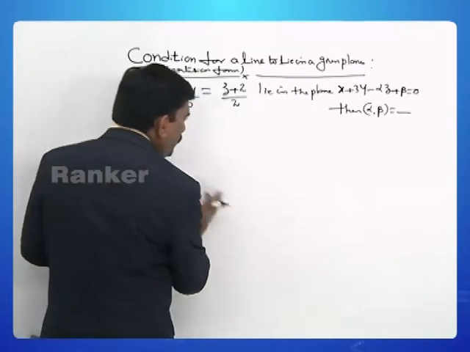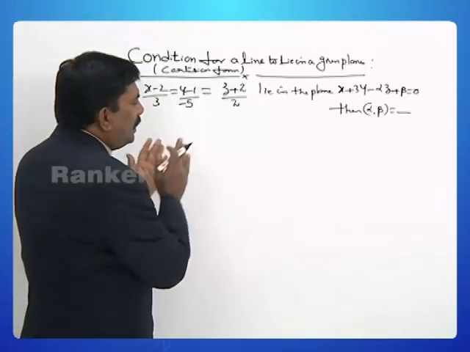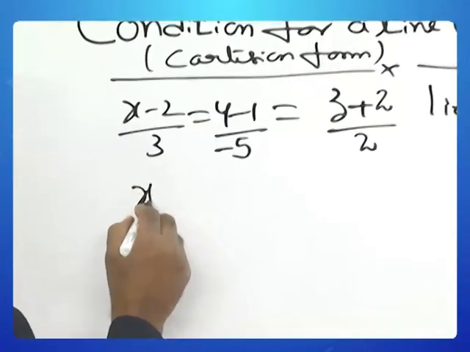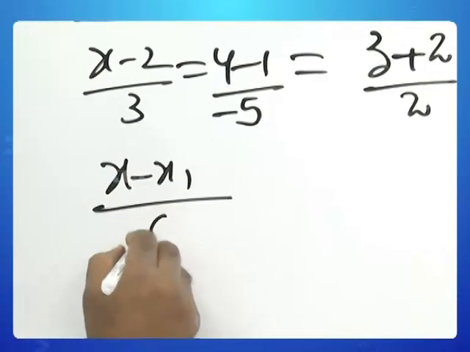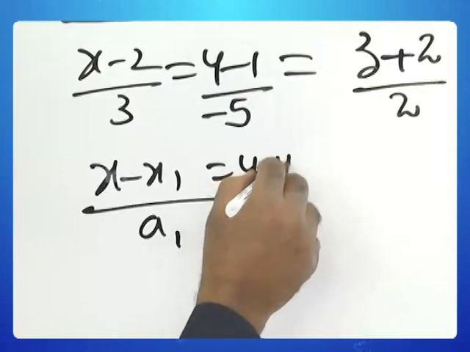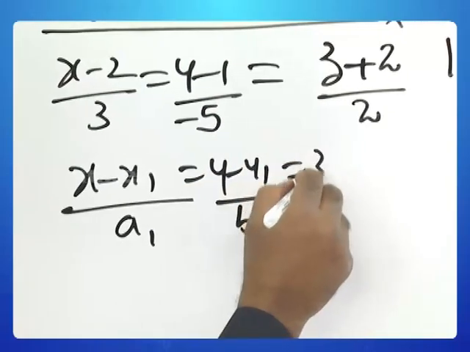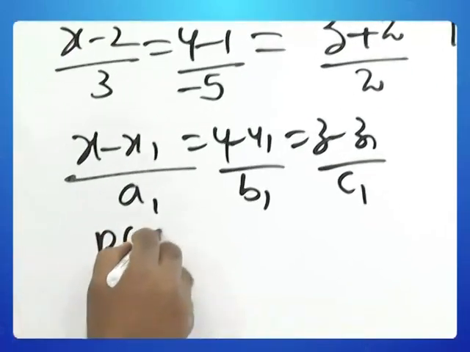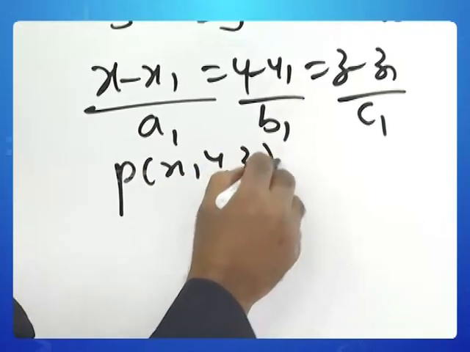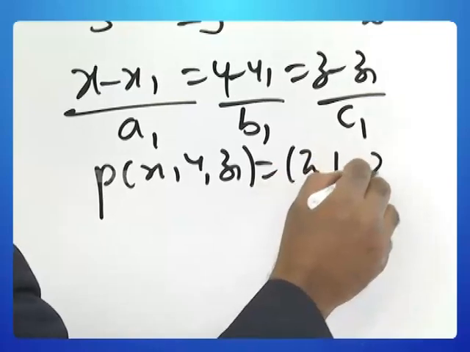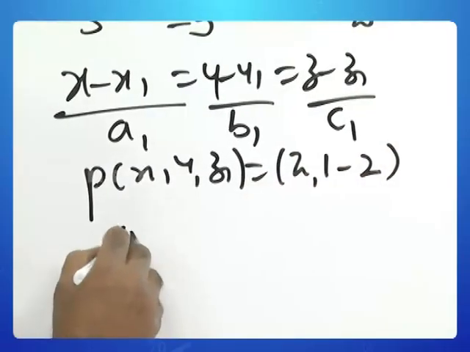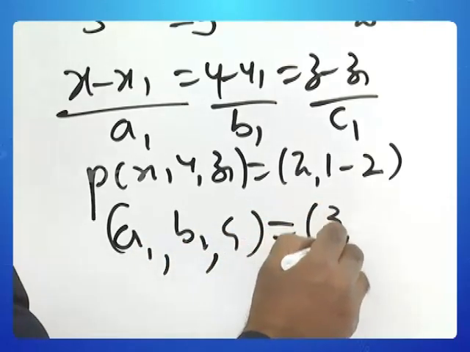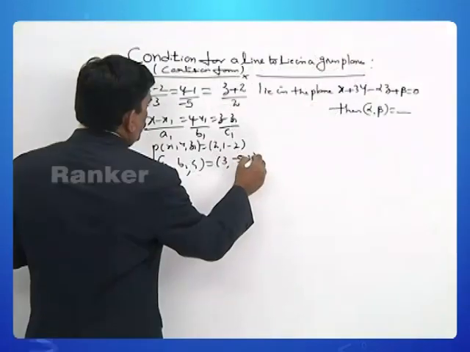Now, since the line lies in the plane, consider this line as (x minus x1)/a1, (y minus y1)/b1, (z minus z1)/c1. The point x1, y1, z1 is 2, 1, minus 2, and a1, b1, c1 is 3, minus 5, 2.